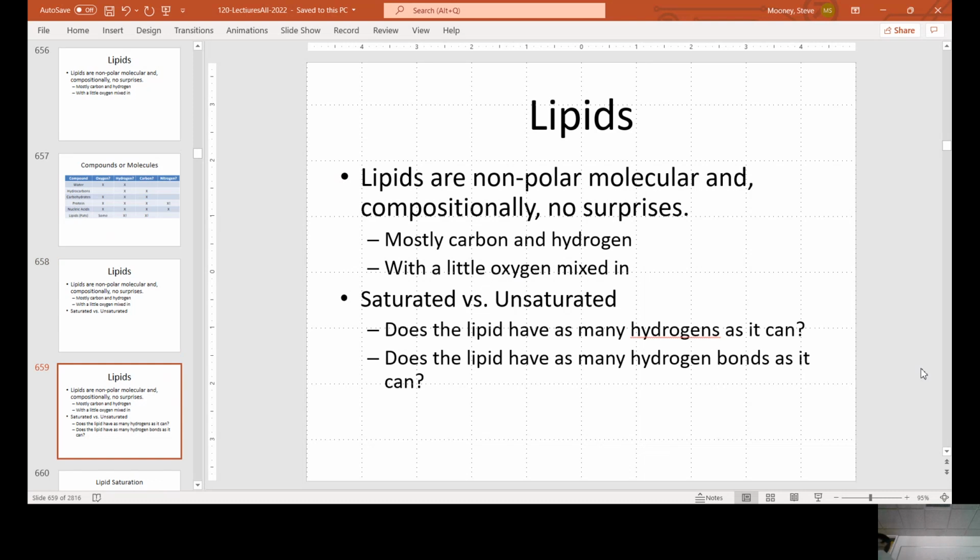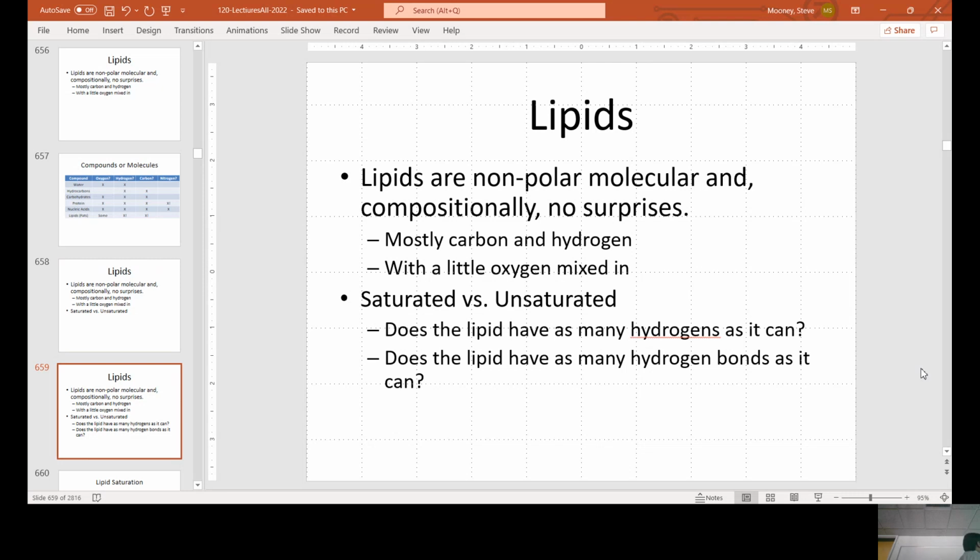So does a lipid have as many hydrogens as it could possibly have? If it does, attached to that backbone of carbons, then we call it saturated. So as many hydrogens as it can, sort of saying the same thing there. So if the answer is yes to both these questions, we call it saturated.